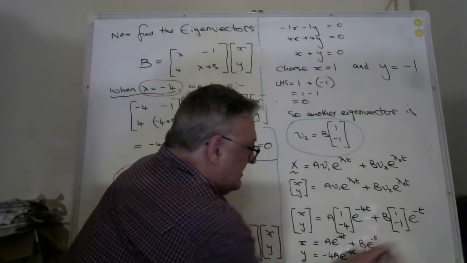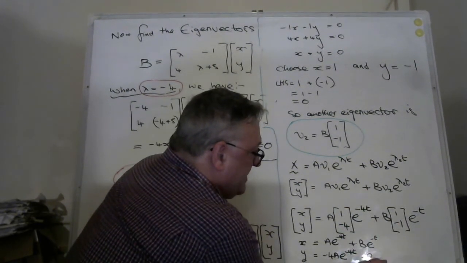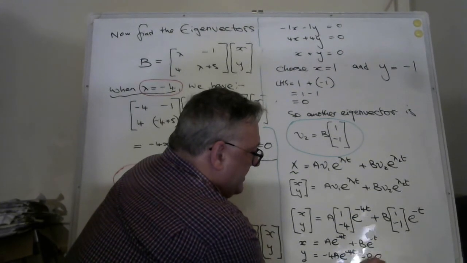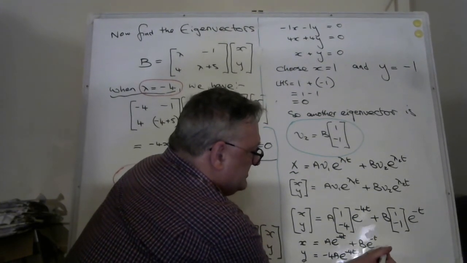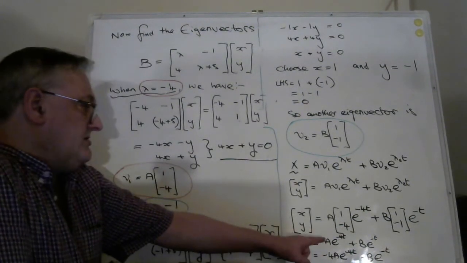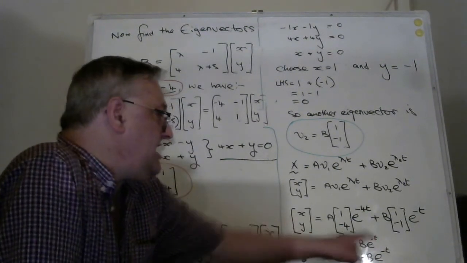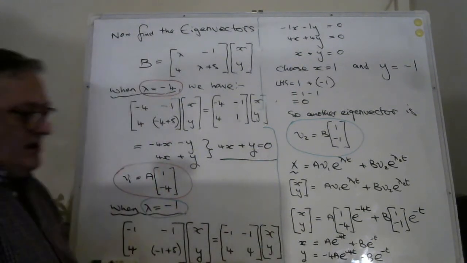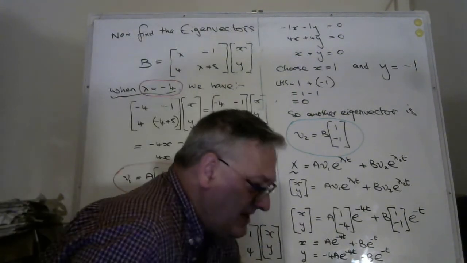B times minus 1 is minus b e to the minus t. So we have two solutions, one for x in terms of t and one for y.